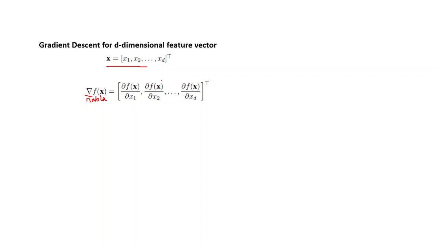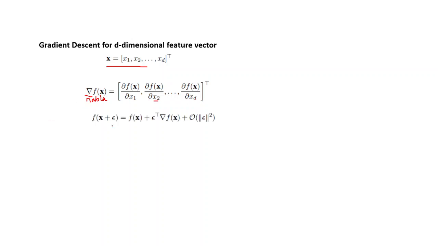Then the second element in this vector will be del f x with respect to del x2, the second feature, and it goes on like this, until at last it's del f x with respect to the last feature. We need to compute this vector, where each element is a partial differentiation of the function with respect to x1, x2, and finally xd.